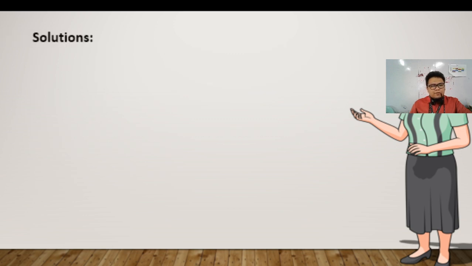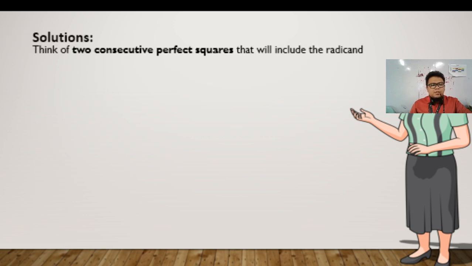Okay, for number 1. This is the step on how to find the two consecutive perfect squares. First thing after seeing the given, think of two consecutive perfect squares that will include the radicand.